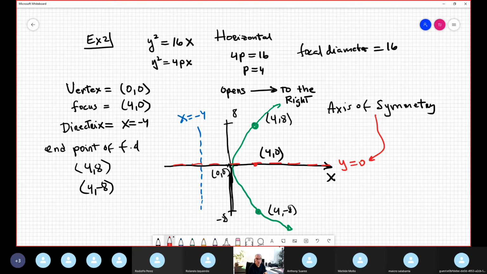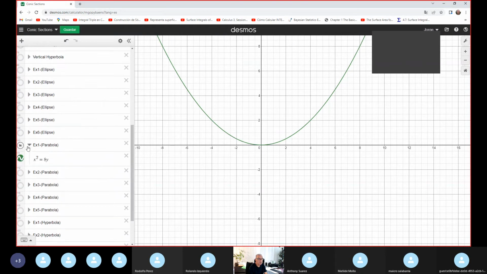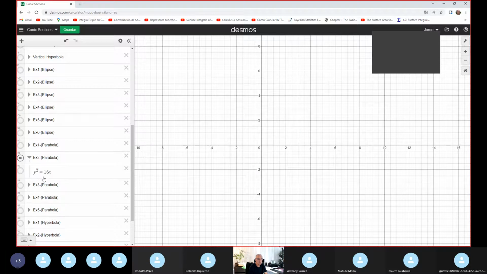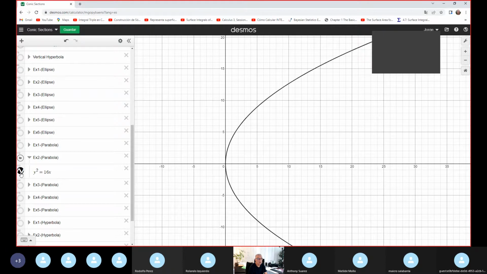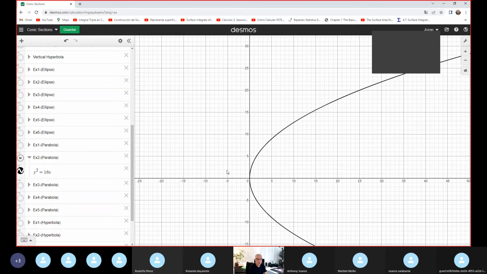Okay, the way to work with this script in Desmos is, look, I go to my specific example. It's example number 2 of the parabola. Get this equation. You click here, you see the curve, but without information.